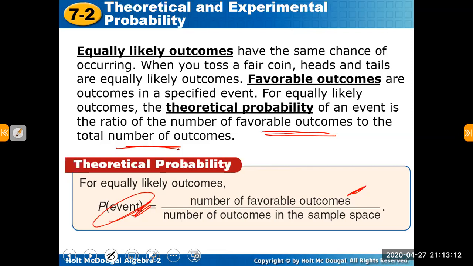So the ratio of the number of favorable outcomes and the total number of outcomes will give you the theoretical probability of the event, which is this formula. Probability of an event is equal to the number of favorable outcomes divided by the total number of outcomes, or the number of outcomes in the sample space.